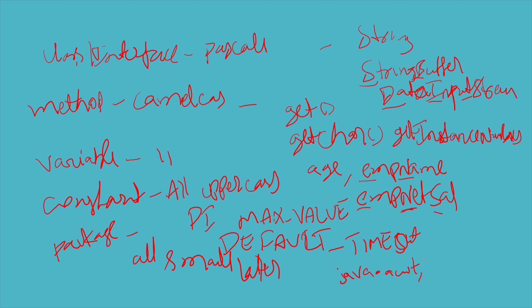Or if you want to go with another package called java.io, or in case I want to write my own package name, I'll just go with something like com.ecom.service. So everything you write as a package name is in small letters.